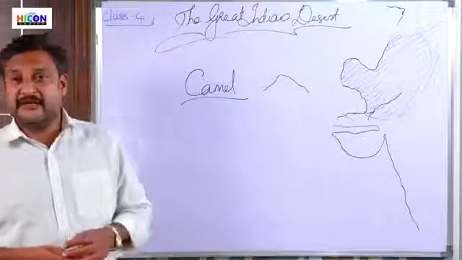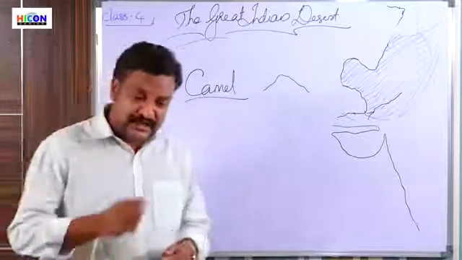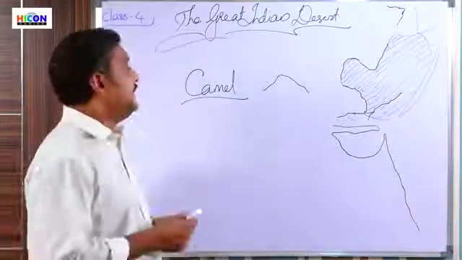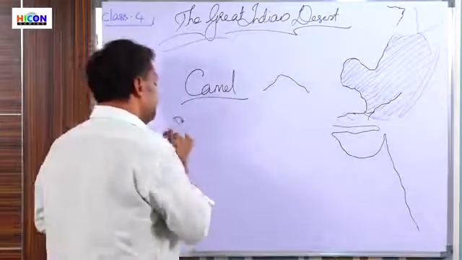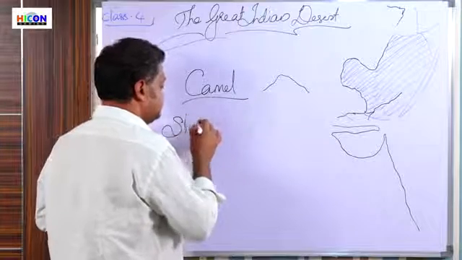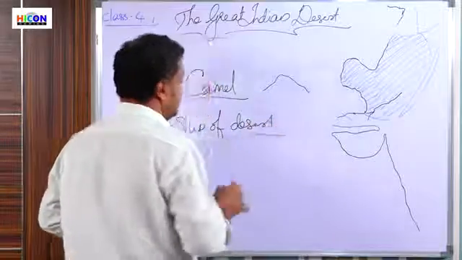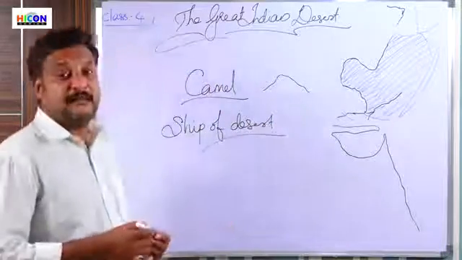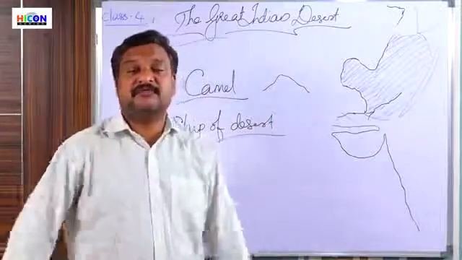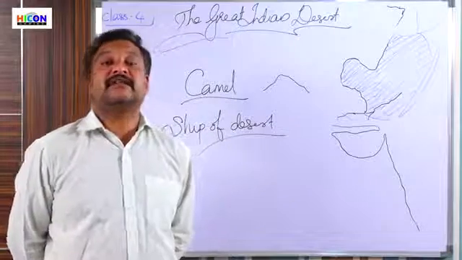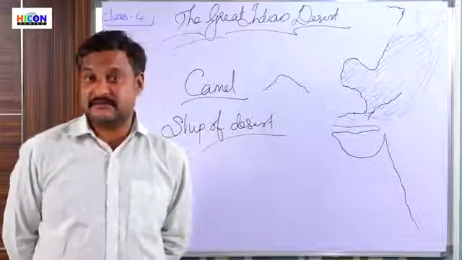So these make a camel a special animal in the desert region, and it is known as the ship of the desert. So what is a camel known as? Camels are known as the ship of the desert because it makes life easier in the desert.